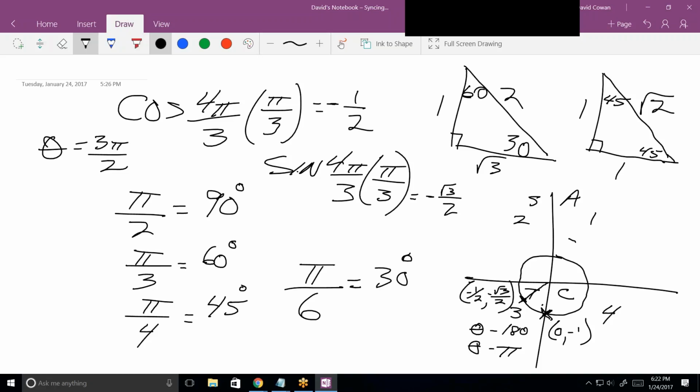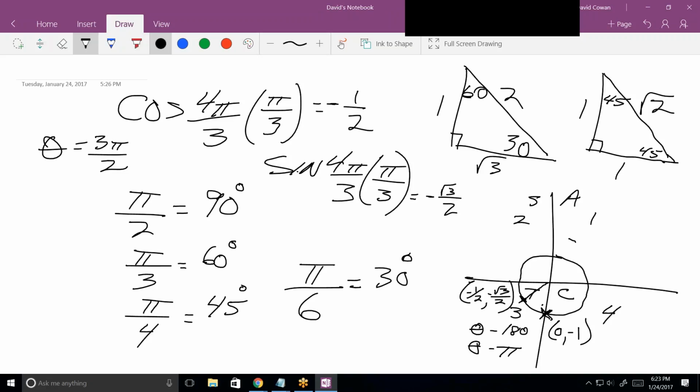In other words, anything that's a multiple of 90 is a quadrantal angle. Quadrantal angles are actually easier to do. You don't even have to know what the sine and cosine are, just because they lie on these axes. You knew what the coordinates were before you even thought about it.